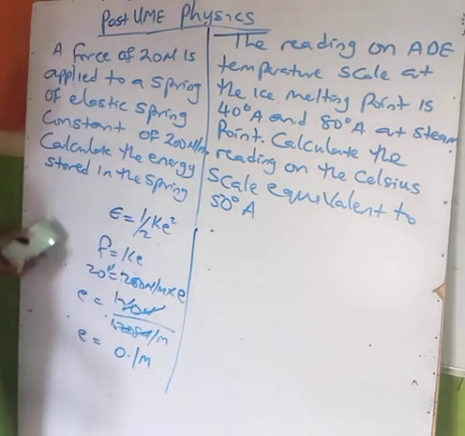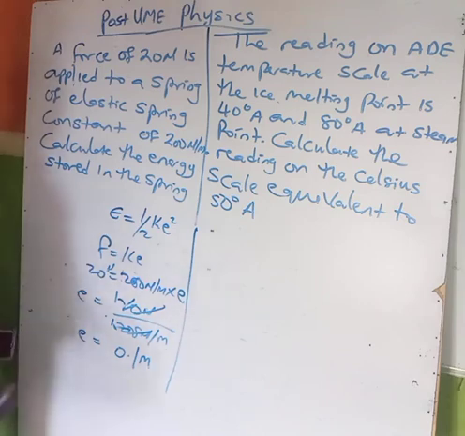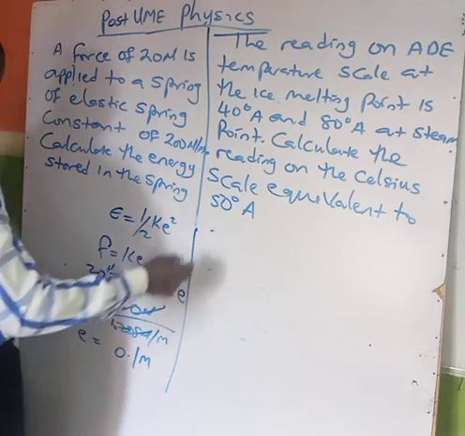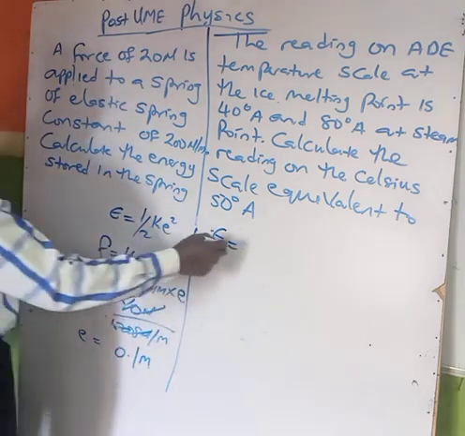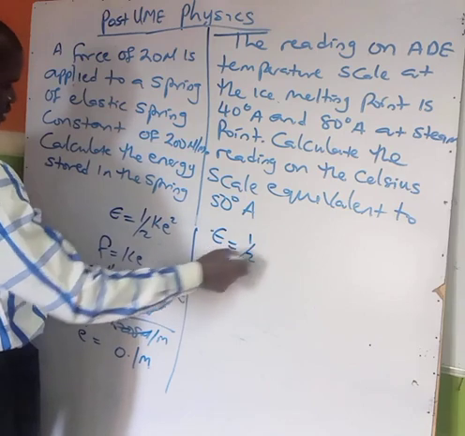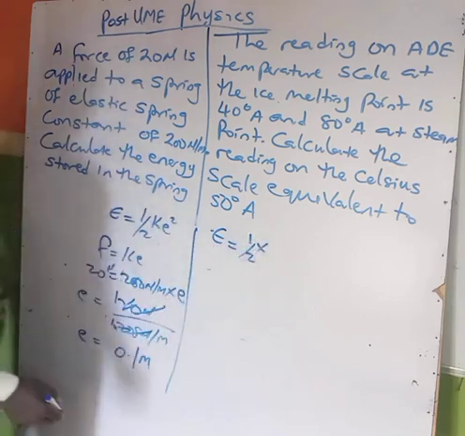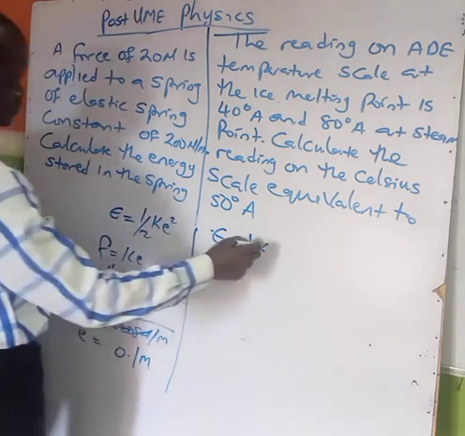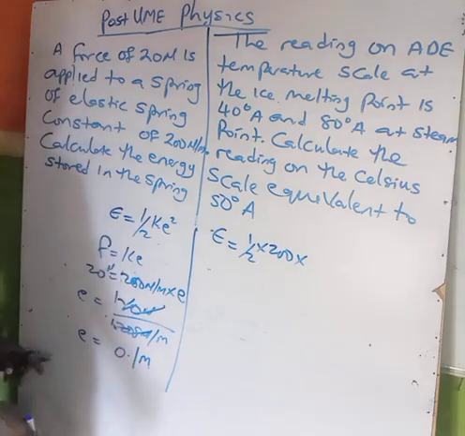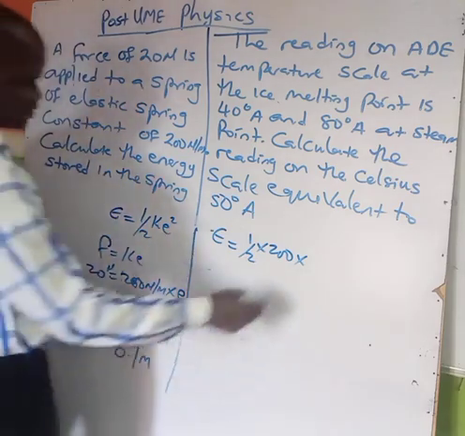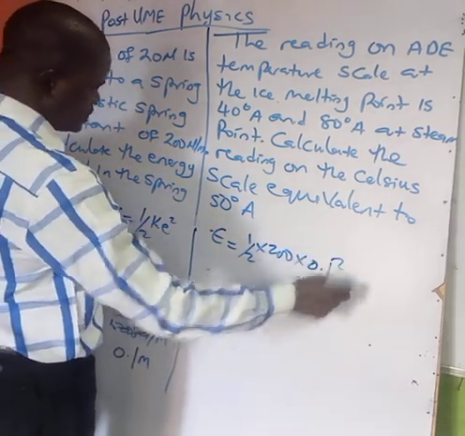So then you want to calculate the energy stored in the spring. The energy stored in the spring is half times the constant, which is 200, multiplied by the square of the extension.